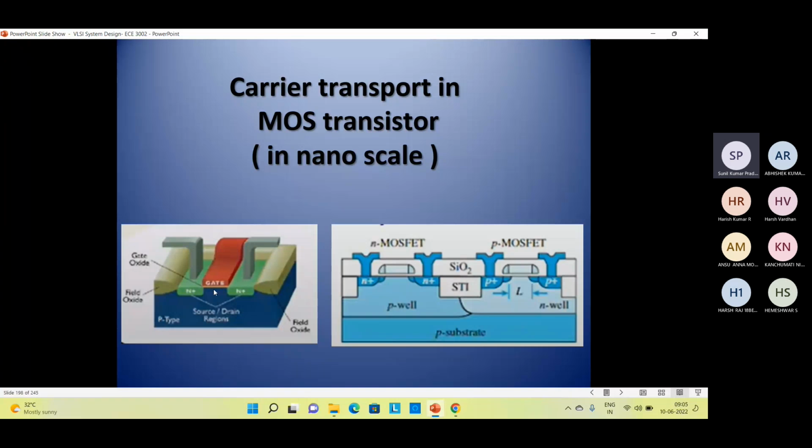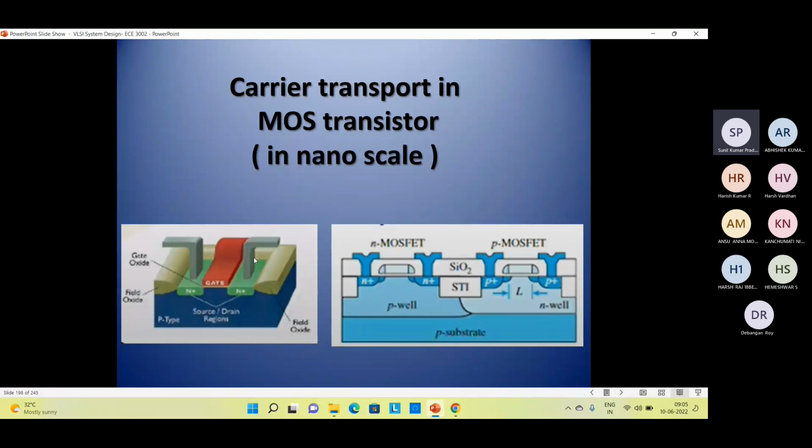This is the gate oxide, and we have the source, drain, and gate electrode. It's a three-dimensional pictorial representation. Now we'll proceed further.